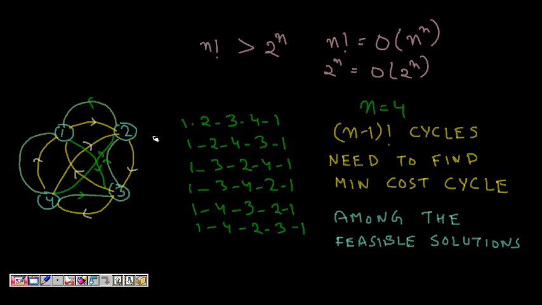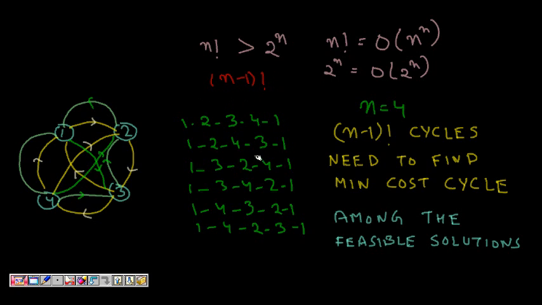So let's see. We have a 4 node graph. If I'm making a cycle, the cycle will have all the cities. So I know that it will contain all the nodes, so it is a kind of permutation. I can have 1, 2, 3, 4, or 1, 2, 4, 3, etc. But what happens is, let's say I always start from node 1 without any loss of generality. The remaining n minus 1 cities I can arrange in (n minus 1) factorial ways.